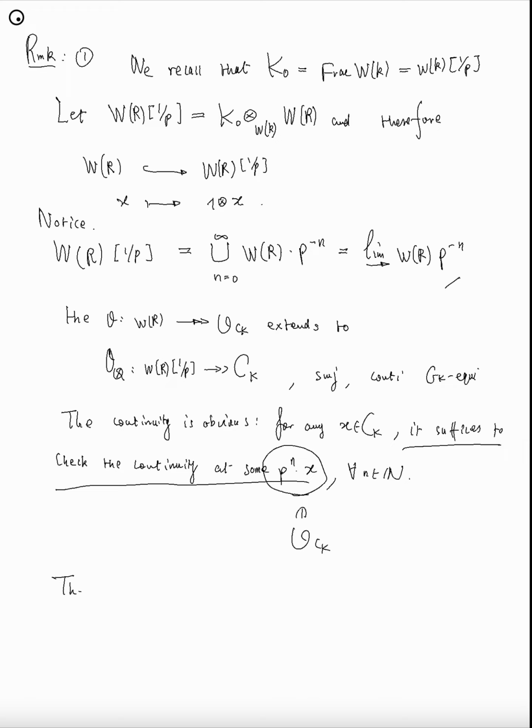The kernel of this theta Q is the principal ideal generated by C.